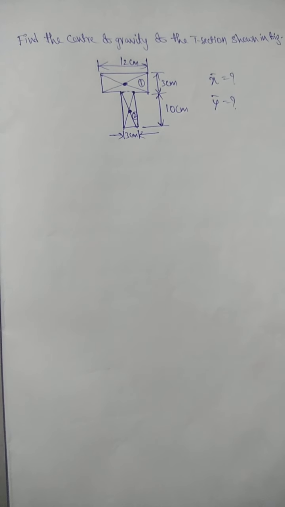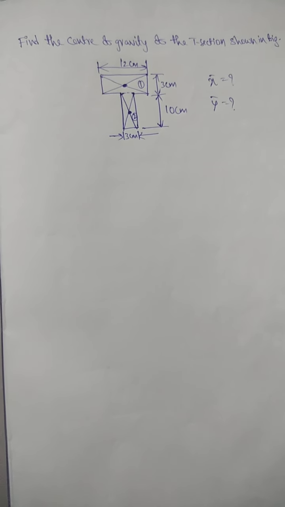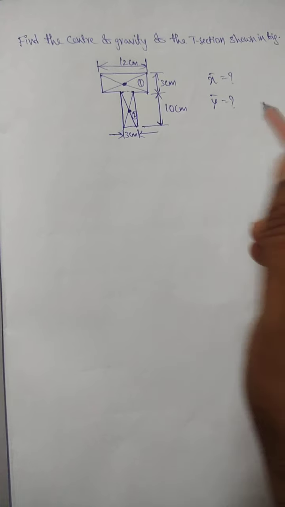In the previous video we studied the centroid and center of gravity. There I explained that for finding the centroid or center of gravity we need to find x bar as well as y bar.